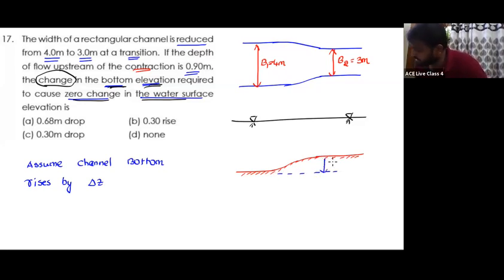This is delta Z, and the initial water depth is Y1, and for no change in the water surface elevation, this is going to be Y2.